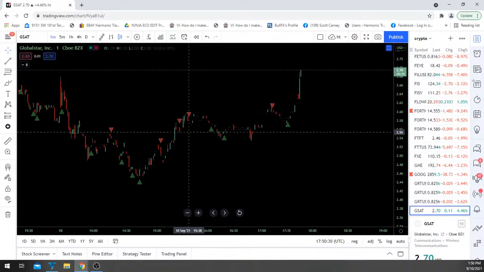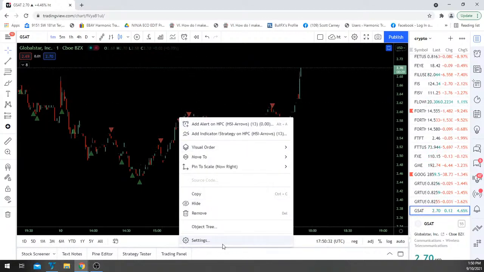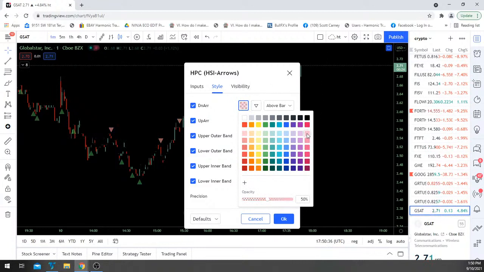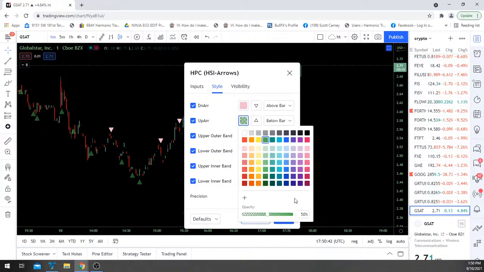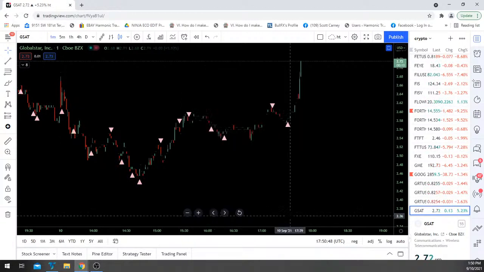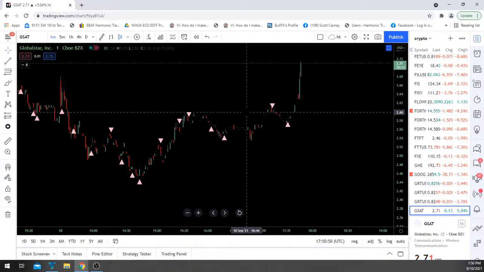Let me fix our colors. Came out not really good there. And so GSAT, we're still on it. I've really been long. We'll stay long this position, and I'll show you some of the patterns of why. And so it's actually accelerating right now.